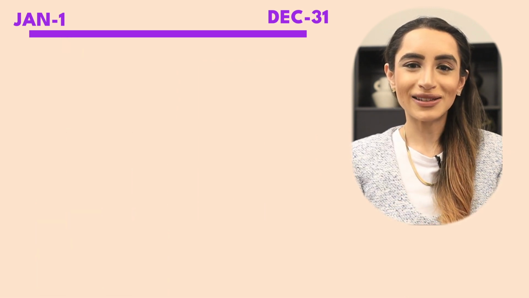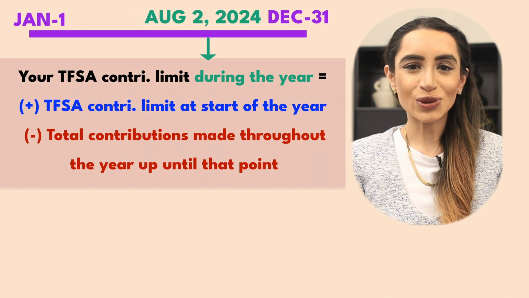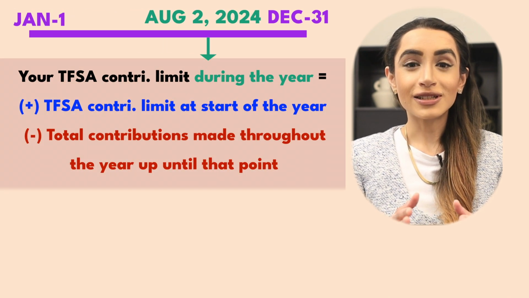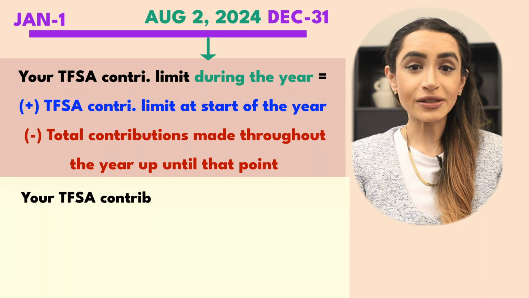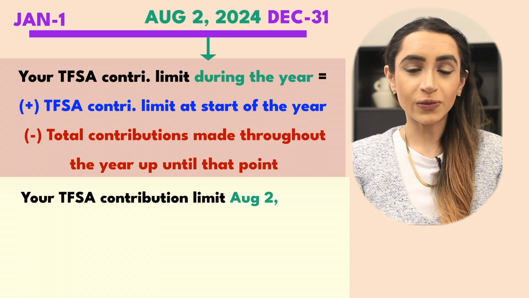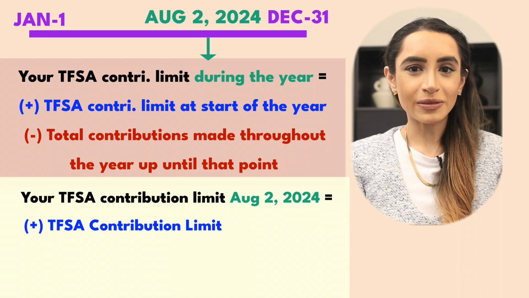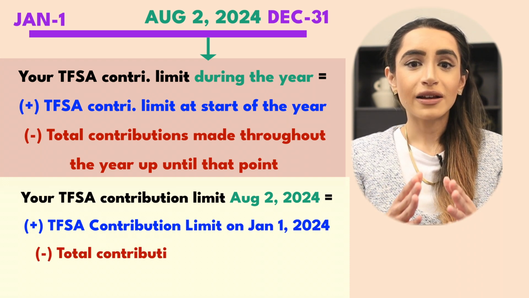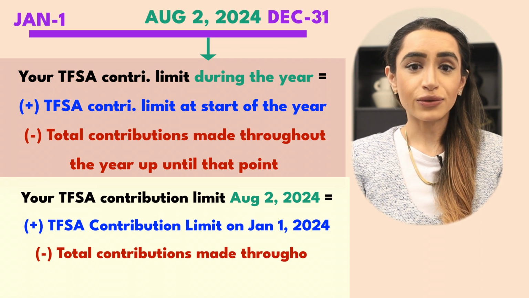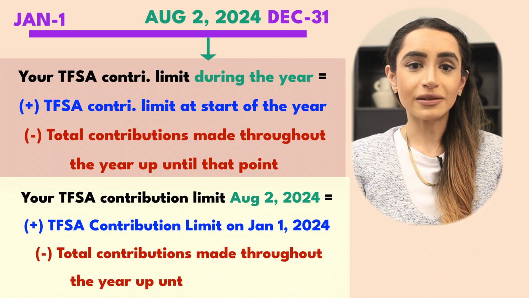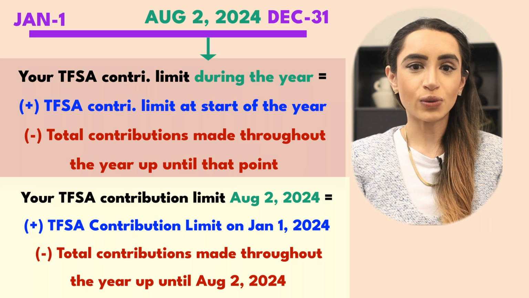So let's apply this to August 2nd, 2024. The TFSA contribution room limit on August 2nd, 2024 is equal to the TFSA contribution limit on January 1st, 2024 minus the total contributions made throughout the year up until August 2nd, 2024.